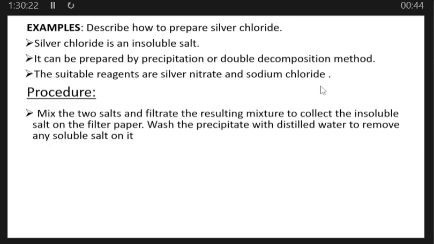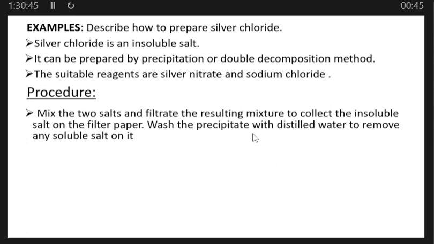For you to collect it, you must filter. So mix the two salts and filter the resulting mixture to collect the insoluble salt on the filter paper. The insoluble salt silver chloride remains on the filter paper. So when it remains on the filter paper, then it is your salt.